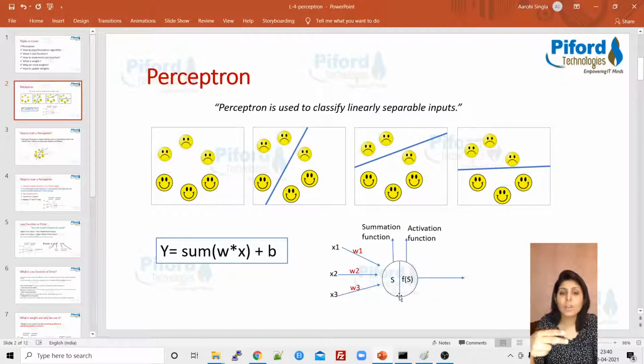When you have two classes in your data set and you want to classify your data into one class or the other, you can use a perceptron. The perceptron is an algorithm with one neuron, and that one neuron is responsible for performing classification on a two-class classification problem.